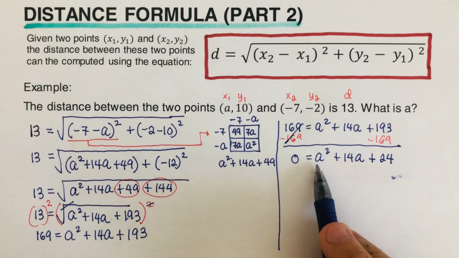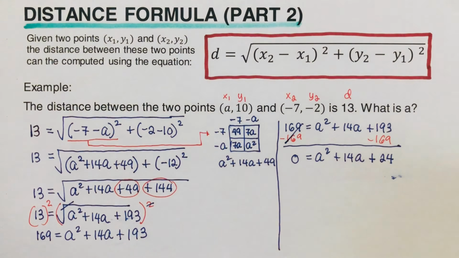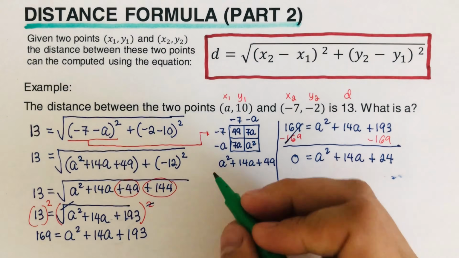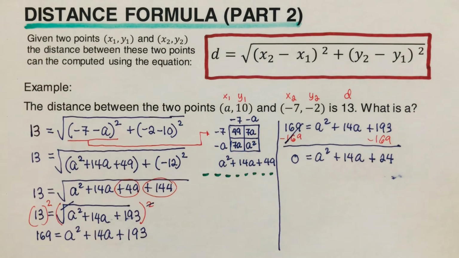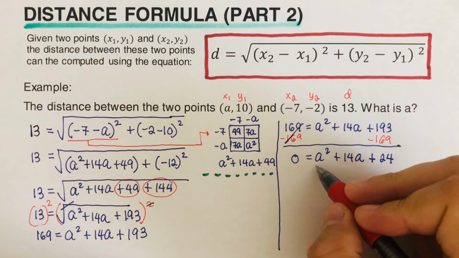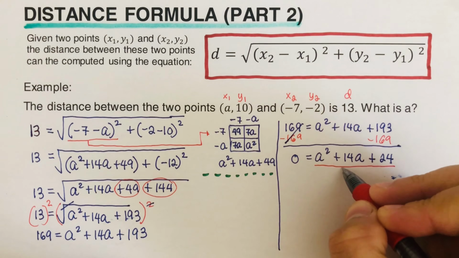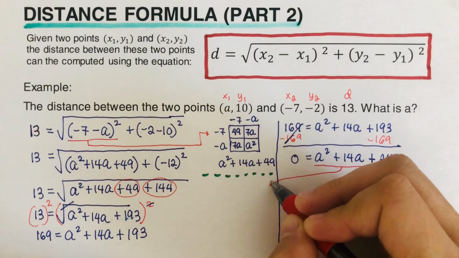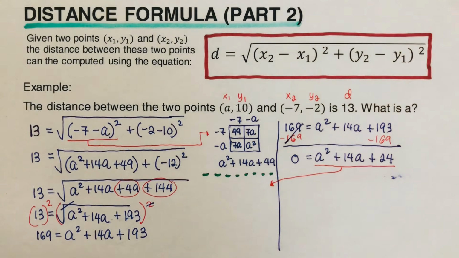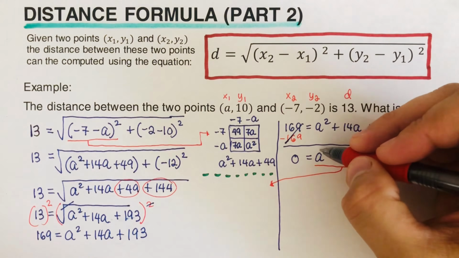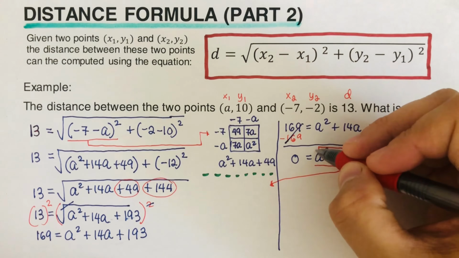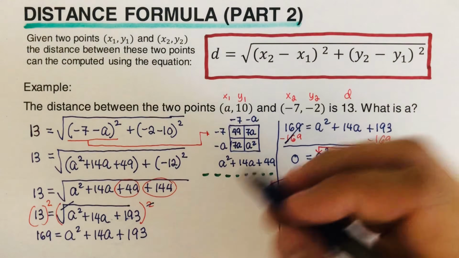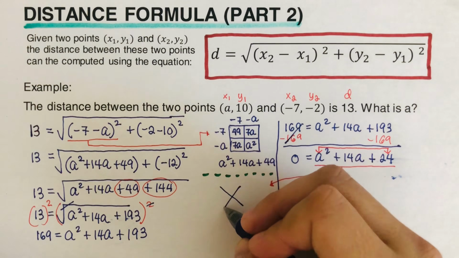So then we can simplify this trinomial right here. I'm going to show the work here. We will use the box and diamond. Remember, for the box and diamond, we are going to multiply the first term and the last term and put that on top of the diamond.